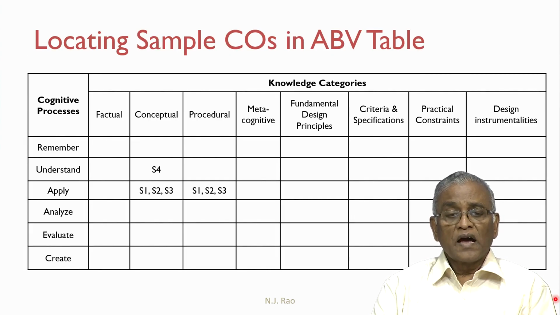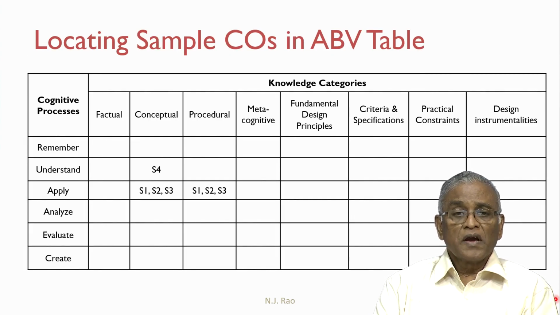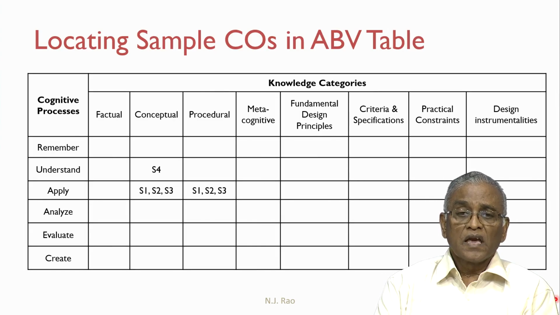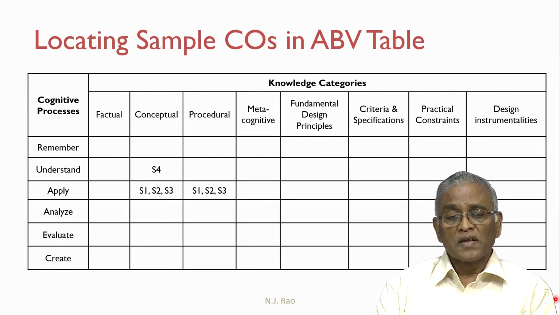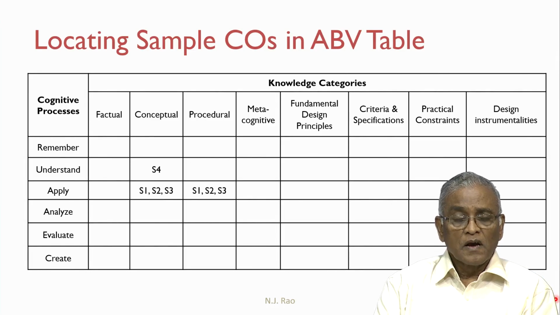Now, having written, we have to locate these COs in the ABV table. ABV, we are calling it Anderson Bloom Vincenti taxonomy table. Now, as you can see, there are two knowledge categories that we are dealing with.